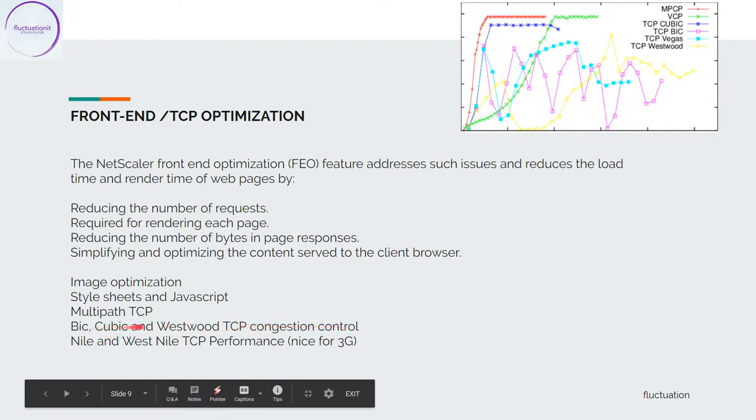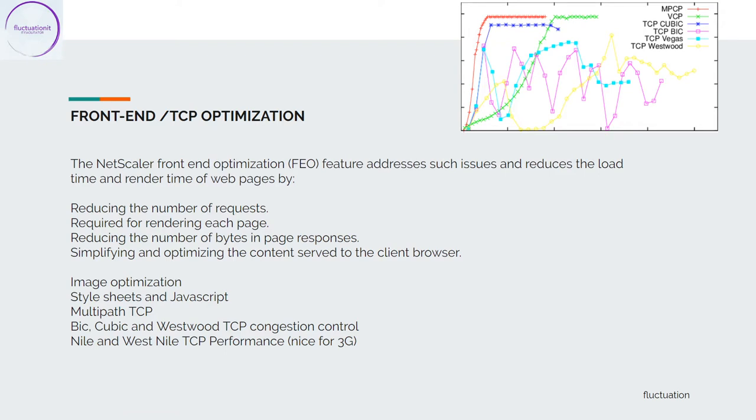So this is optimization, and we have some features like, for example, Nile and Westwood TCP performance. It's very nice for 3G and 4G connections. All this is to make everything very, very powerful. So yes, the Nile algorithms are really very powerful.